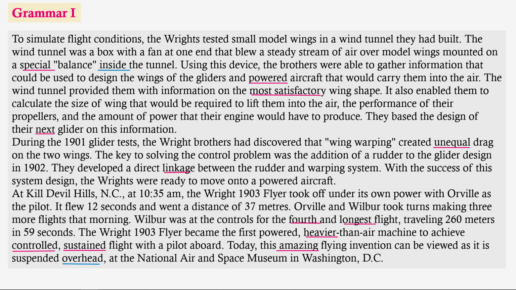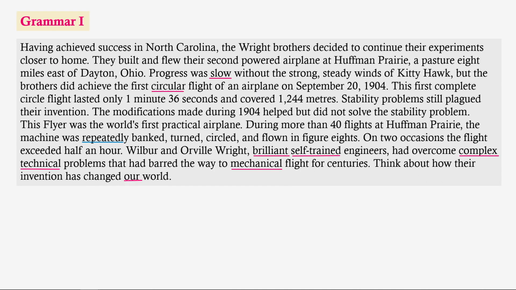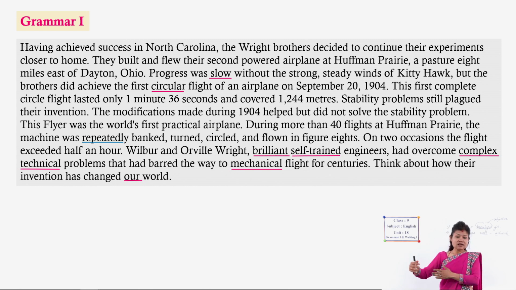Now one adverb is left there, overhead, okay. Very good, you have done well, dear students. And the last paragraph is left: slow, circular, brilliant, self-trained. How were the Wright brothers, what type of engineers were they? Brilliant, self-trained, and complex, technical, mechanical, and our, okay, done.